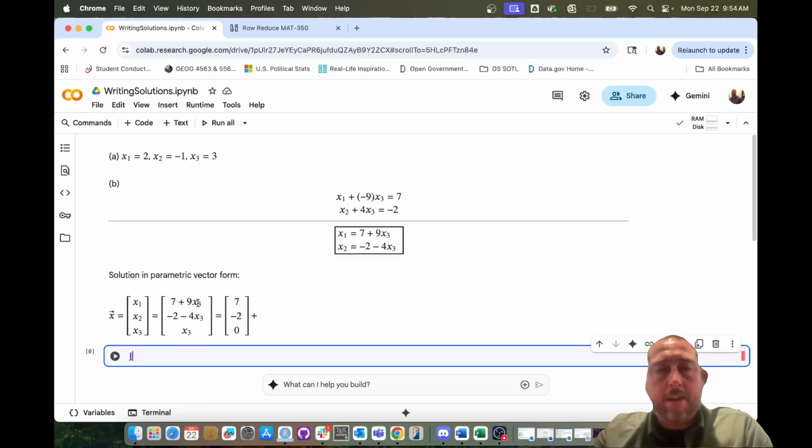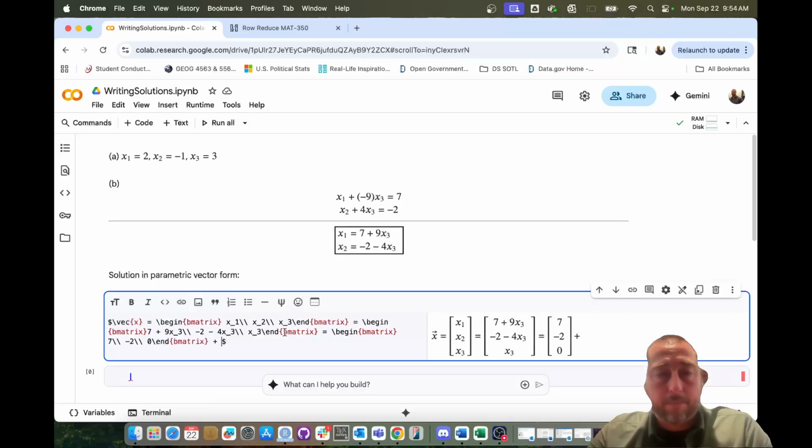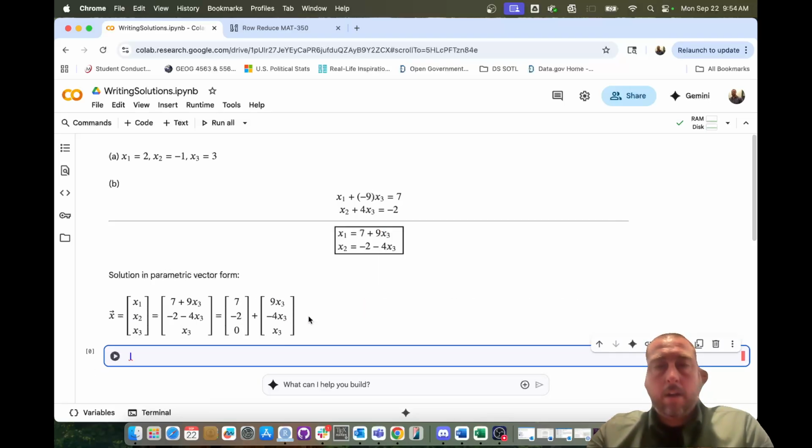So we're going to have 9x3, negative 4x3, and x3. So there we are. We have our constant vector. This is our point.